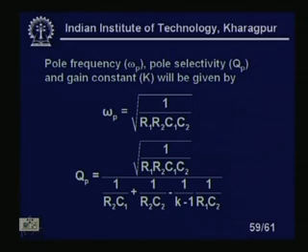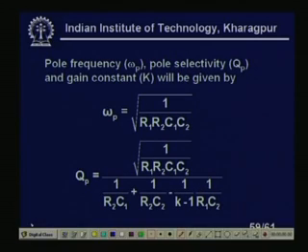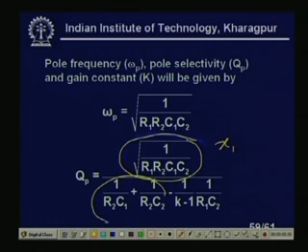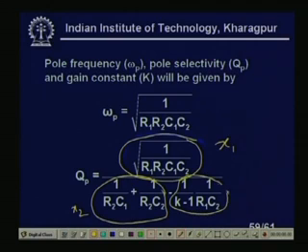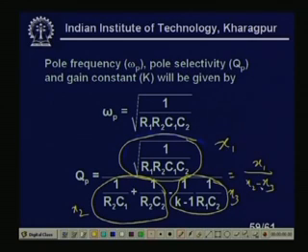So, I can write this one as x1, this as x2 and this as x3. So, x1 upon x2 minus x3, is not it?